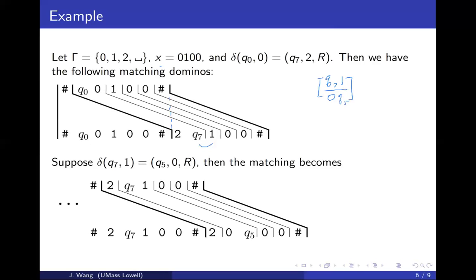But before we do this, because it points to 1, we are going to replicate 2. Okay, so this is another domino. And then we're going to put 0, Q5. So this is the transition, and this is Q7, 1. So that is another domino.